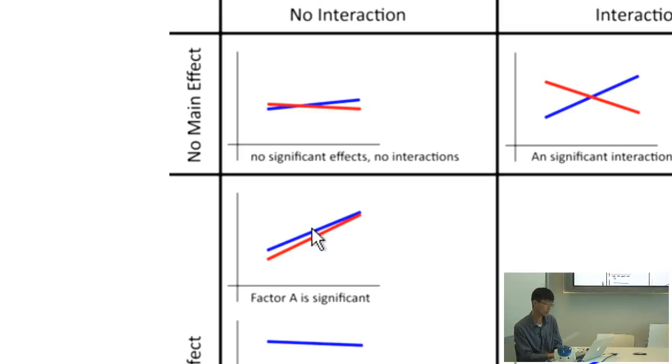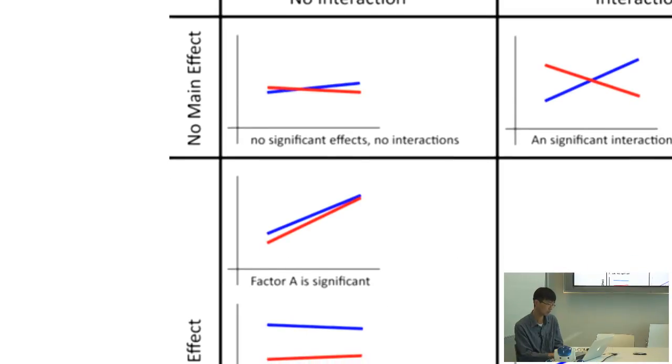But if you compare the left side and the right side, if this is the interface, then you can see there is a significant difference between the interfaces, but not the gender. And the result doesn't really affect the other, which means whether you're male or female, the difference between the interfaces has pretty much the same effect.